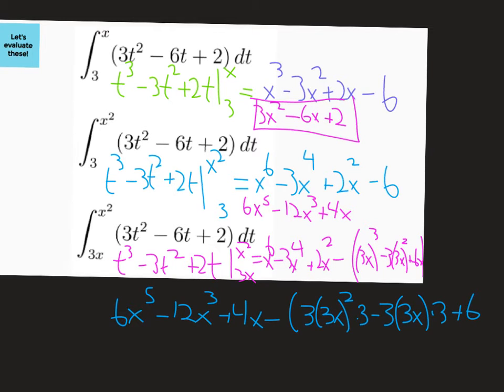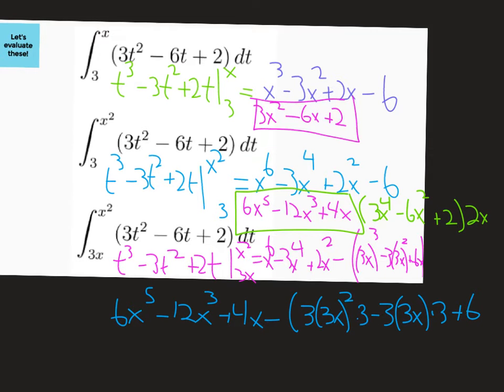Let's see if we can look for patterns. If I take this one, what can I take out? I can take out a 2x. If I take that out, I'm going to have 3x to the 4th minus 6x squared plus 2.